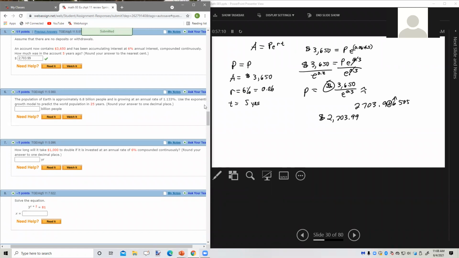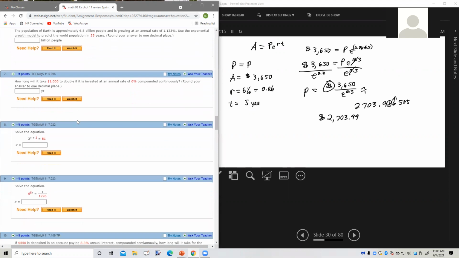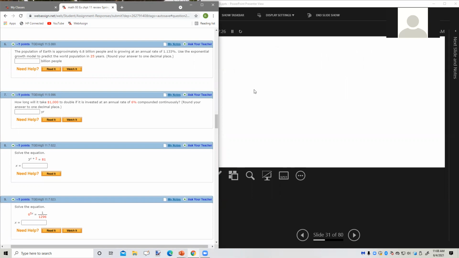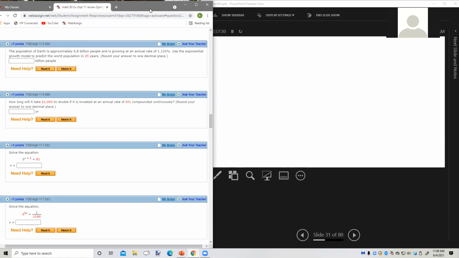Okay. Let's take a look here at this one. Population of Earth is approximately 6.8 billion and is growing at an annual rate of 1.133%. Use the exponential growth model to predict the world population in 25 years. Okay, so we're going to use A equals P e to the rt.